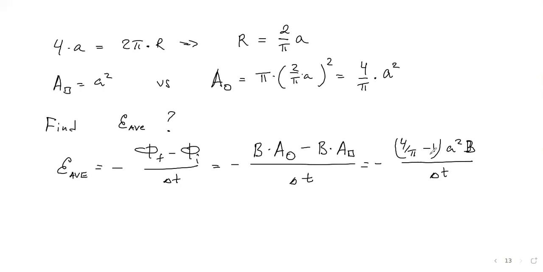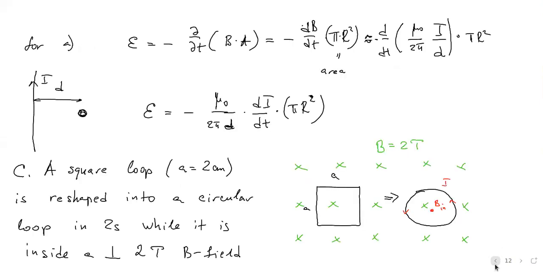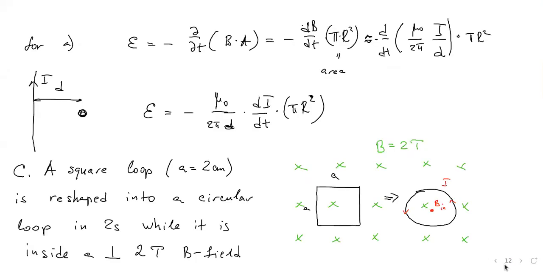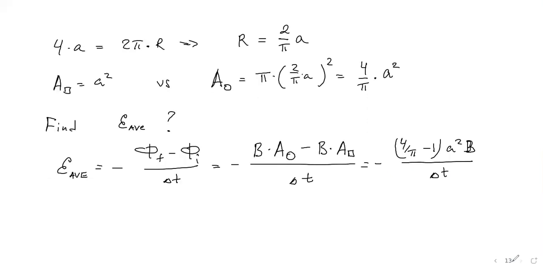And then you divide it by the time. Time was 2 seconds, I guess. Magnetic field is 2 Tesla. And the size, I forget what it was, sorry. 2 centimeters. Everything is 2. Why? I don't know. But we can try.